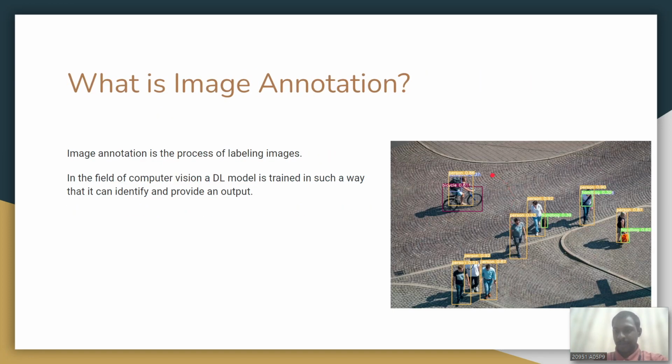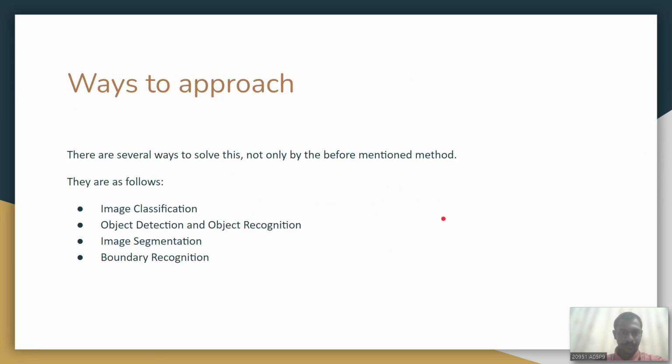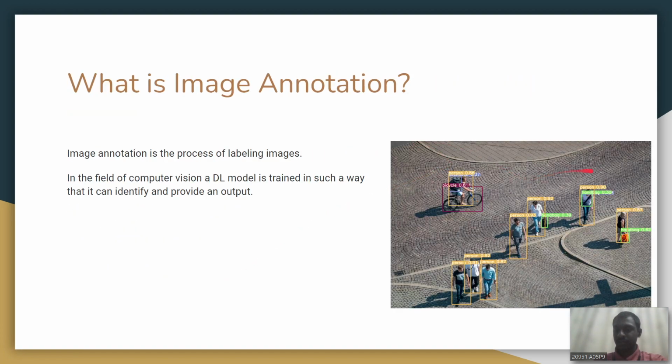By tweaking the parameters we can eliminate this design pattern over here and over here, and we can tweak it in such a way that it will only detect dense edges, not the narrow edges. So that's boundary recognition. Since edge detection is a manual process, this can be done with the help of a neural network which will detect the objects with the help of the boundaries.